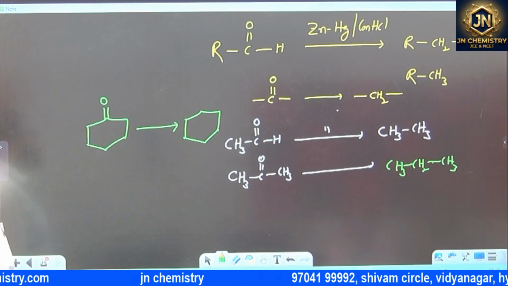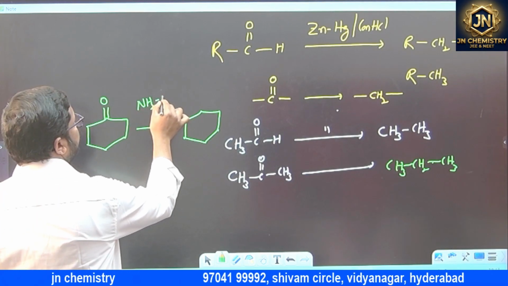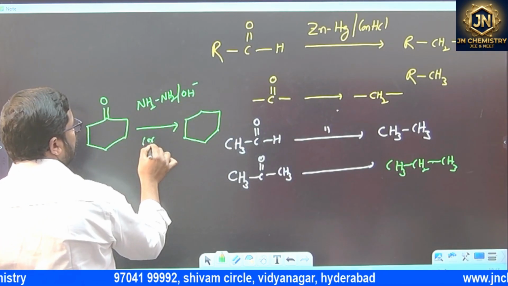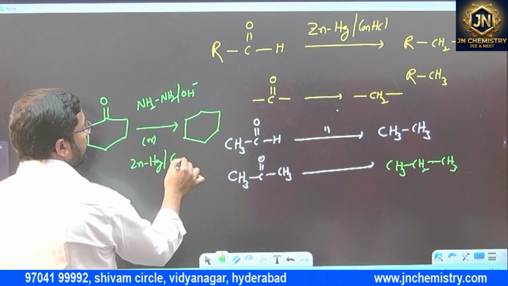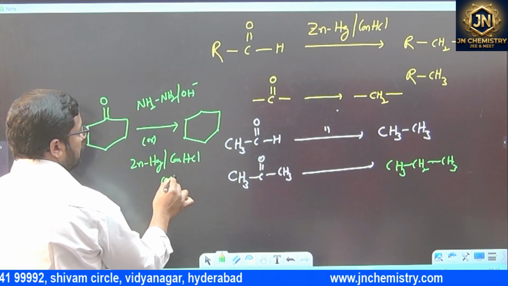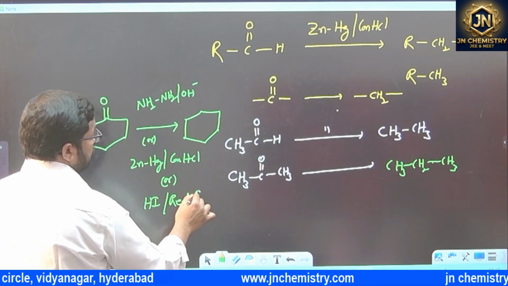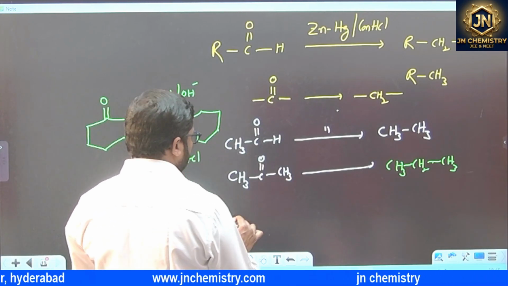Any of these three reagents we can use. Write it down: hydrazine in presence of base, or zinc amalgam with concentrated HCl, or HI in presence of red phosphorus. Write it down. How big it would be doesn't matter.